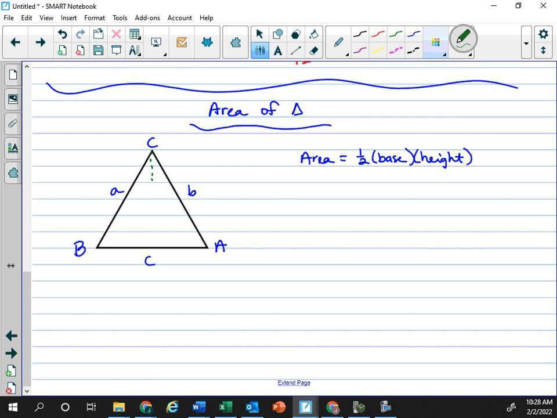Sketch in the height. Let's think about how we would find height. How could I do that? Back to SOHCAHTOA stuff, guys.